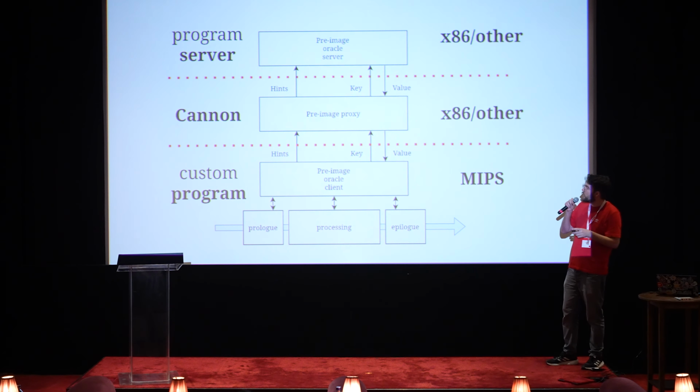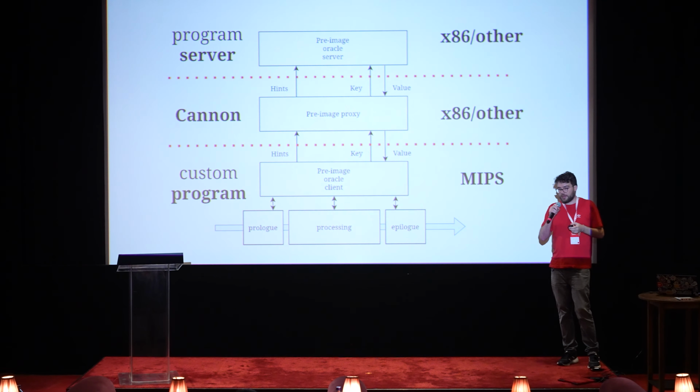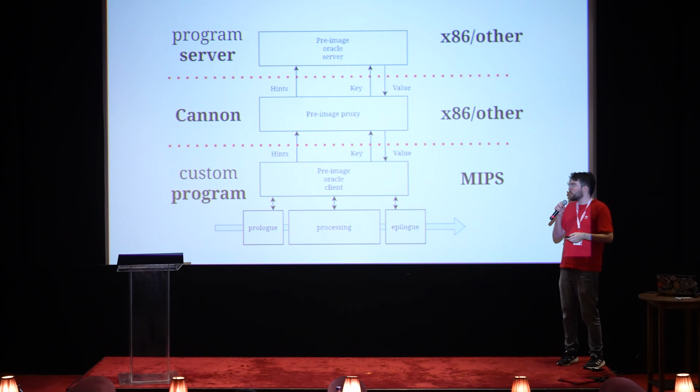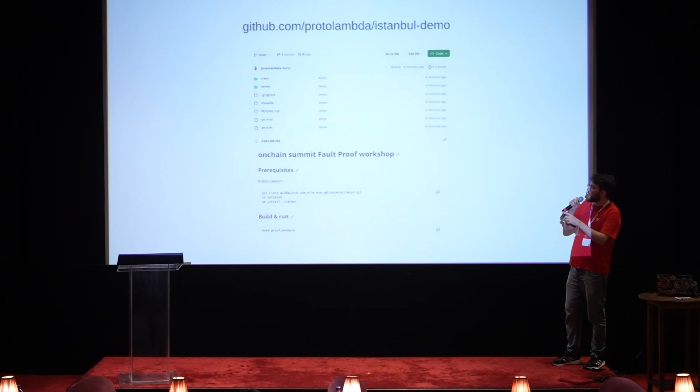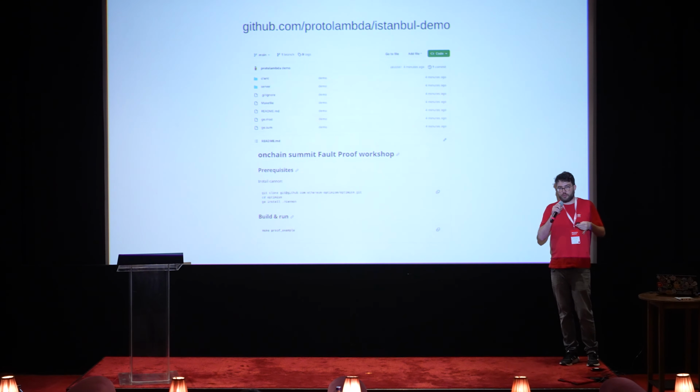Now, okay, so this is what we're customizing: a custom program, and then we're creating a special program server. I don't want to create a very extensive API just for a toy example, but I did create this demo, so you can run on your laptop a very simple implementation of the client and of the server.